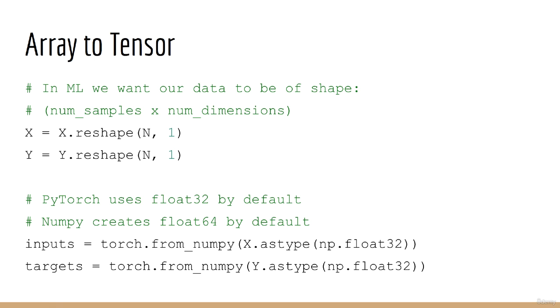So before we create torch tensors, we're going to cast our NumPy arrays into float32. The final step is to call the function torch.from_numpy. This takes as input our NumPy arrays and returns corresponding torch tensors. So these are the inputs and targets we were working with in the previous training loop.